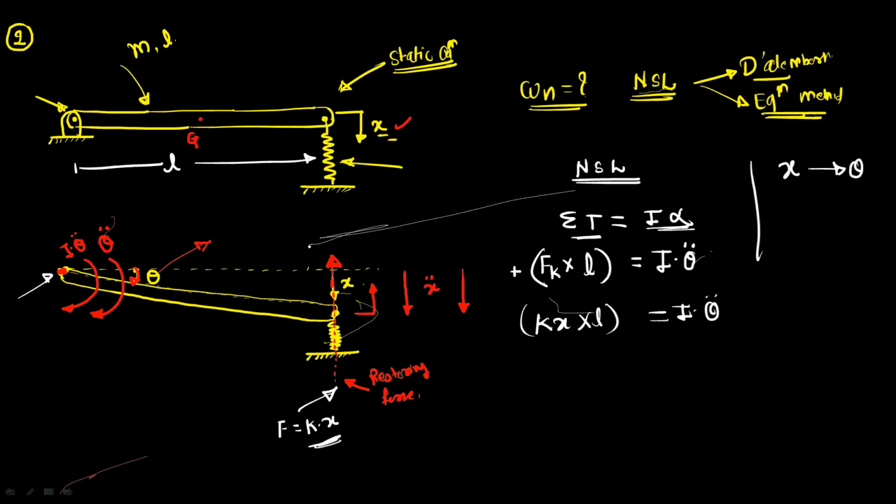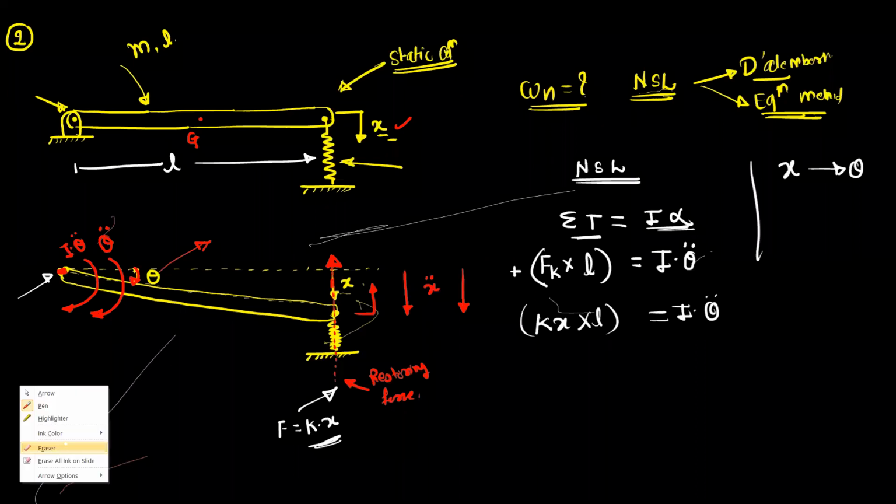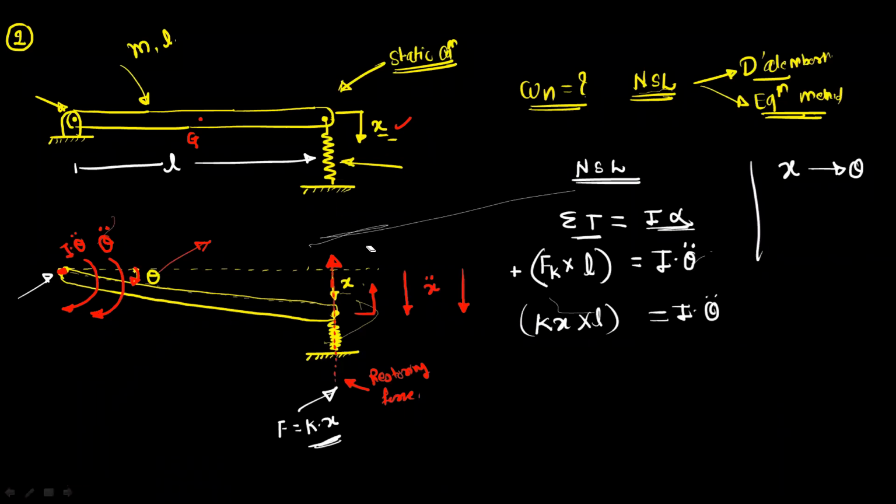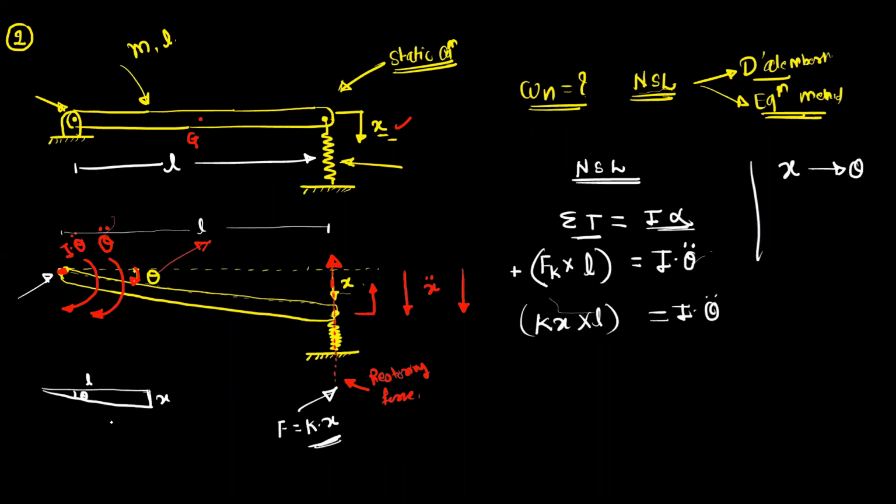You can observe here: this is the total length L, this is the x displacement, and this angle is theta. If you consider this small right angle triangle, this is theta, this is L, and this is x.